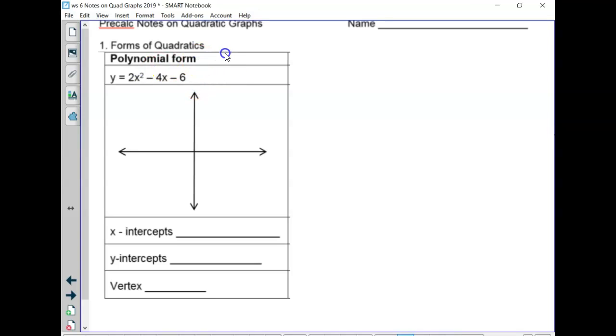This is called polynomial form or standard form, when it's just y equals ax squared plus bx plus c. This is not an extremely helpful form for finding anything other than maybe the y-intercept.